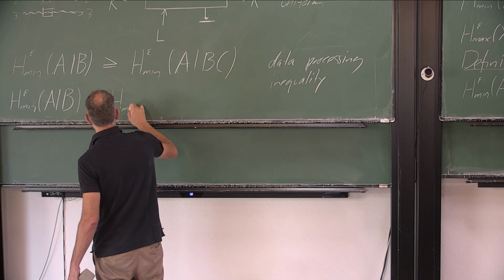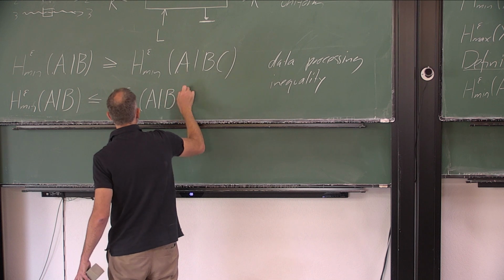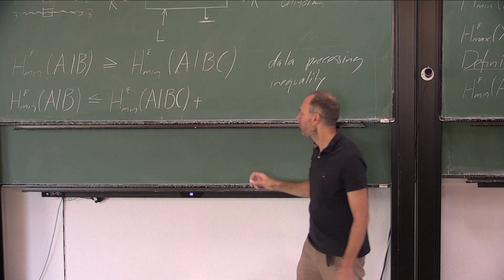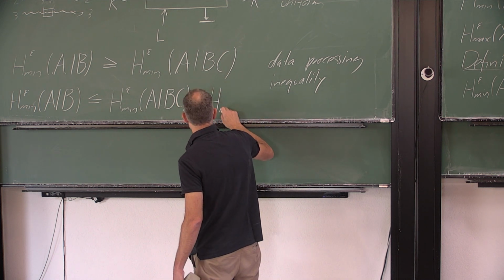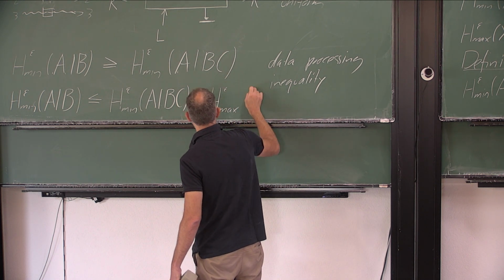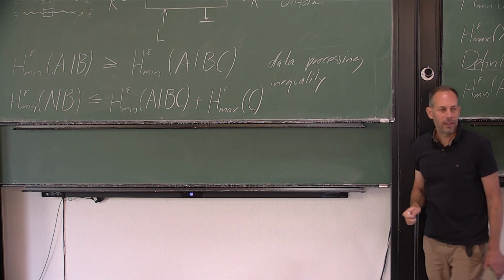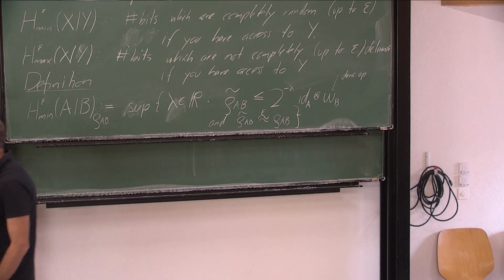A priori this is of course not true, but I can make it true by adding a correction term, something like H max epsilon of C. In the case of von Neumann entropies, the chain rules are actually equalities. In the case of mean and max entropies, the chain rules are still inequalities.